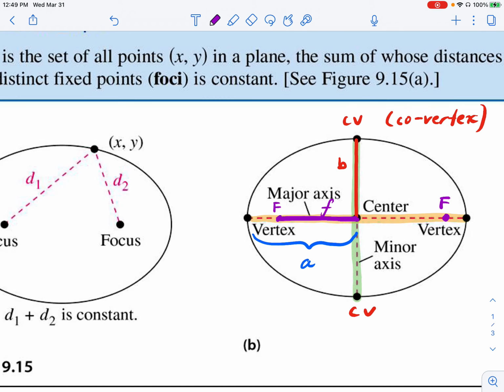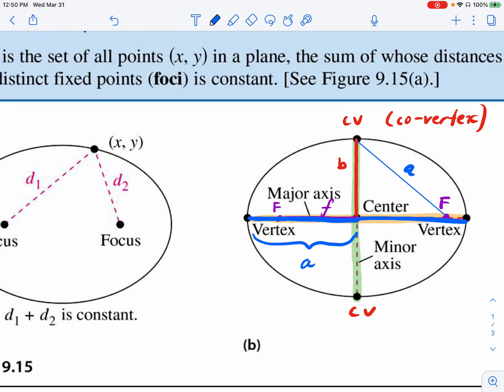Specifically, if I were to take this distance of A that I've just found, this entire distance of A right here, and let me draw it again right over here, if I were to place that entire distance of A at the co-vertex, one of the two co-vertices, it turns out that exact distance of A is going to touch my major axis at the focus.